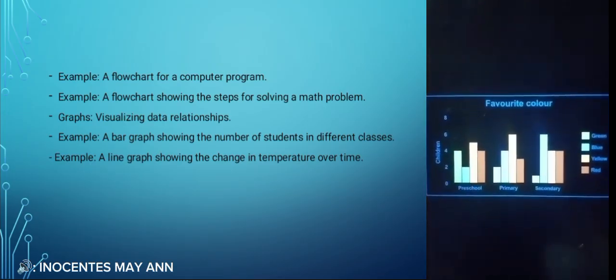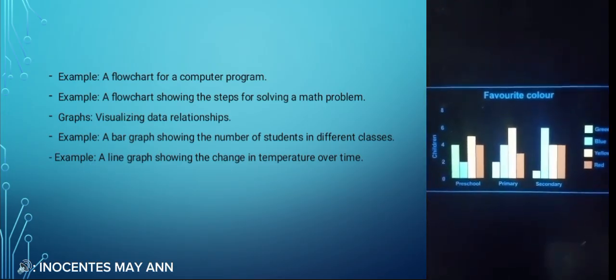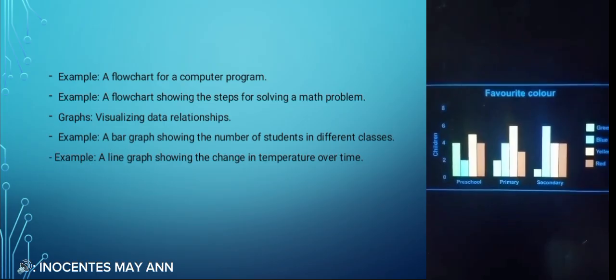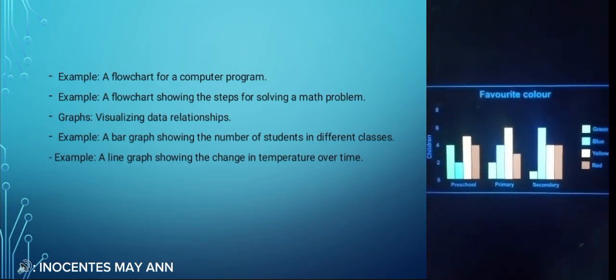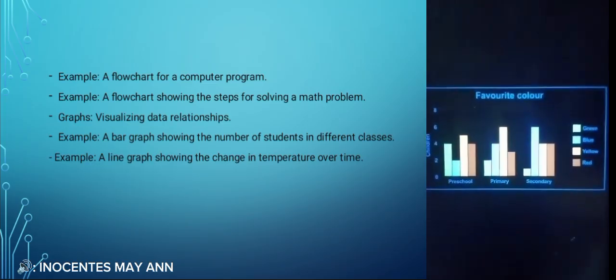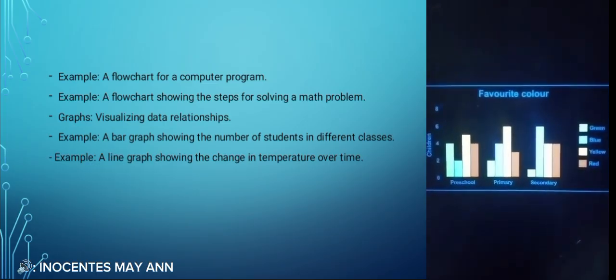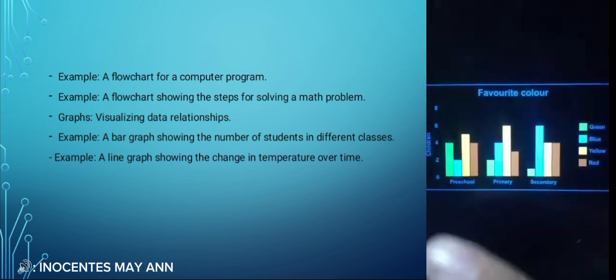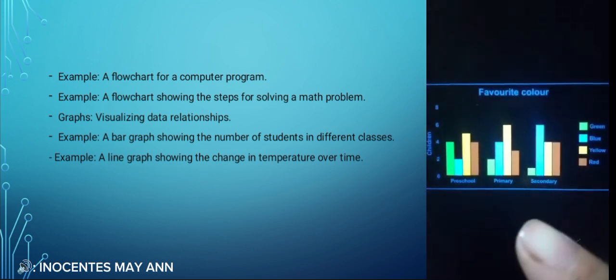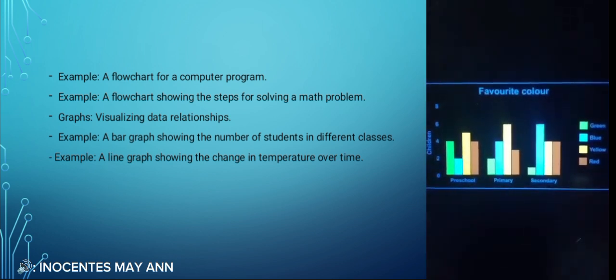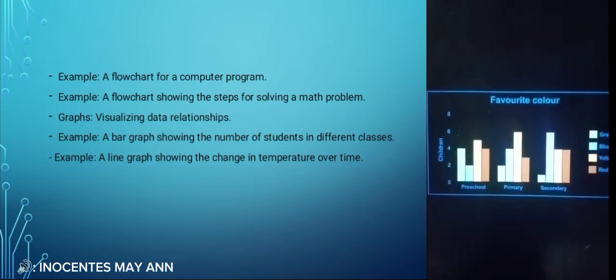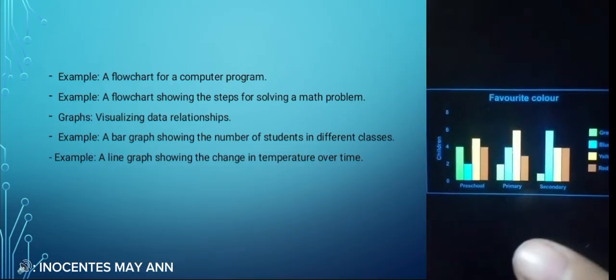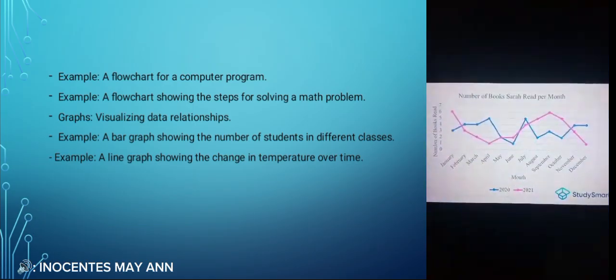Then we come to graphs, visualizing data relationships. An example is a bar graph showing the number of students in different classes. But in this graph I'm showing you is the favorite color of students in a class, from preschool, primary, to secondary.